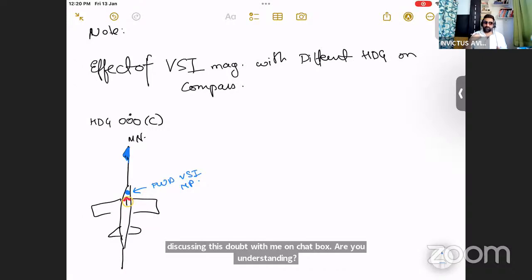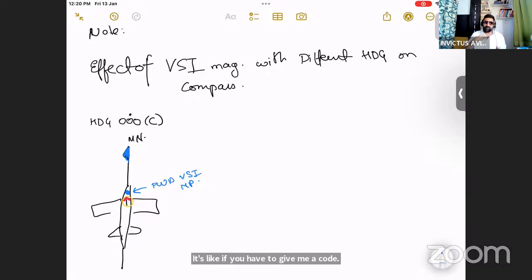It's like if you have to give me a code, my name, and if I'm easterly deviation, then my name would be minus. Let's say I have my deviation value as 5, easterly deviation. Then if I have to write it, I'll write minus 5. Minus 5 deviation means easterly deviation. Remember this.